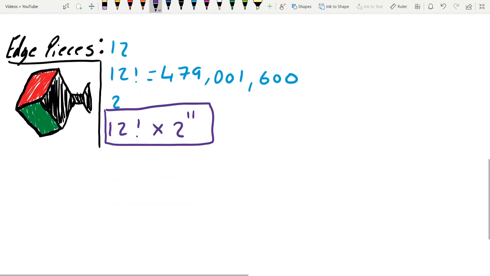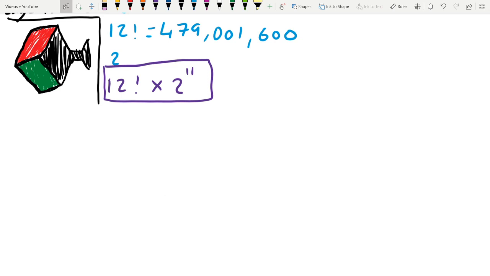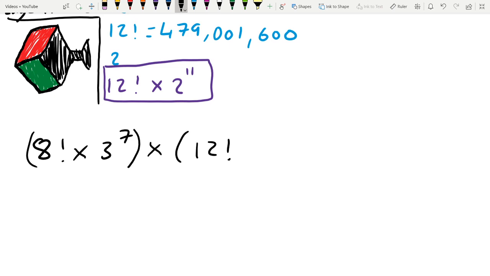So we've got the corners and we've got the edges. So let's just write that out as a formula. So this is for the corners, it would be 8 factorial by 3 to the power of 7. And we'll multiply that by 12 factorial by 2 to the power of 11. Now, you may think that's us finished, but there's one last step.